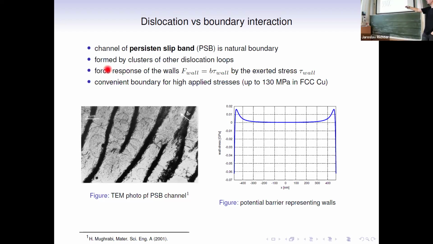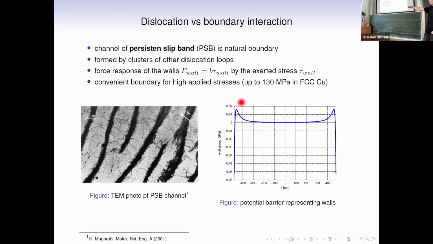As I commented, in reality such bands are formed by clusters of dislocations. Because we focus mostly on modeling face-centered cubic metals, we have found a very convenient way to describe such walls, even for a high applied stress.